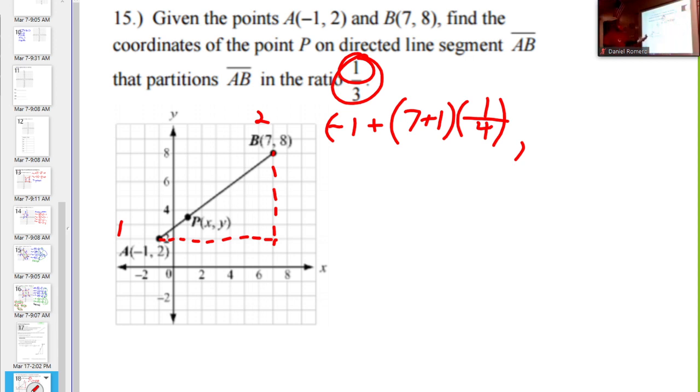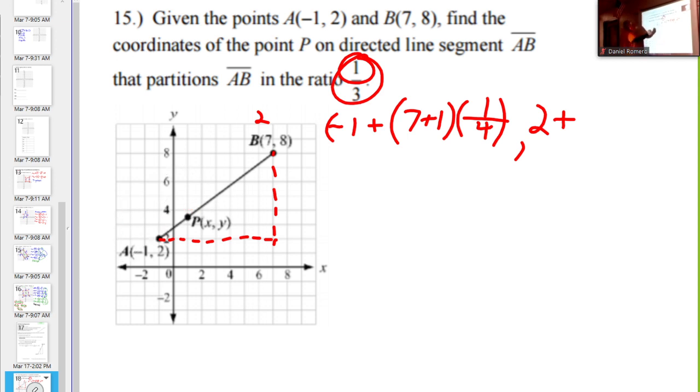The y's would be, what's the y of the first point? 2. Plus, because you're adding to it, we want to see how far along on the race we're going to go. We need that total vertical distance.